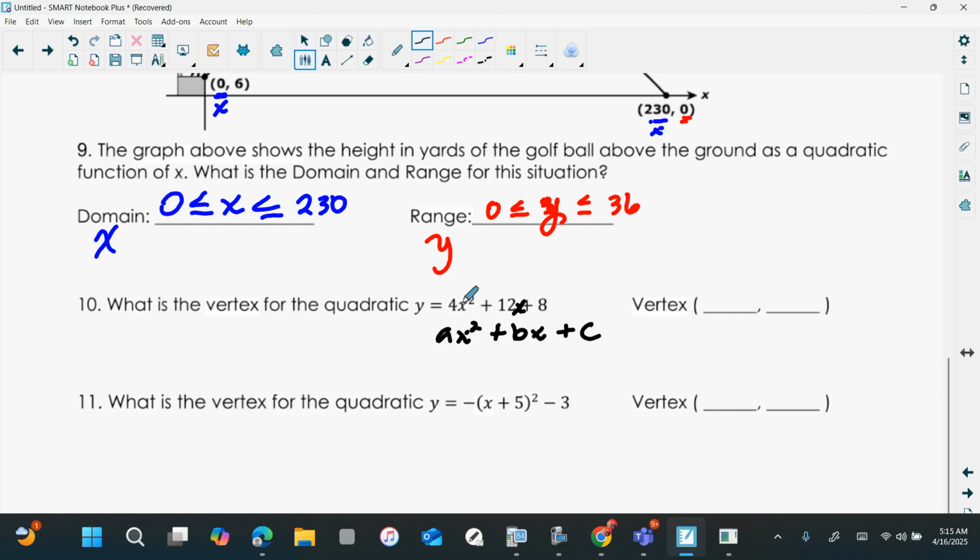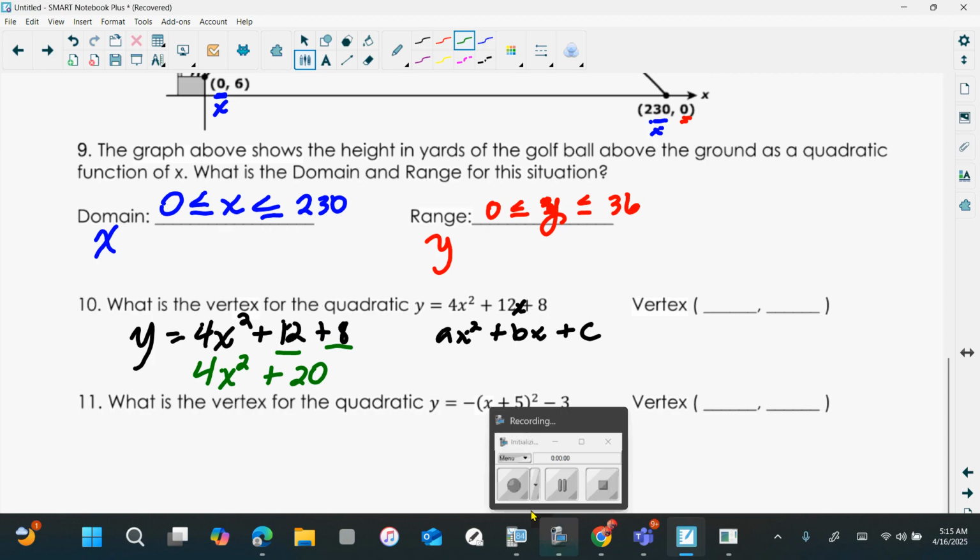So I'm going to do both equations in case you read this as 4x squared plus 12 plus 8. Well, then we should be combining these like terms right here. So this actually is 4x squared plus 20. Okay, so I'm going to just show both in case you read it as a 12x versus a 12.